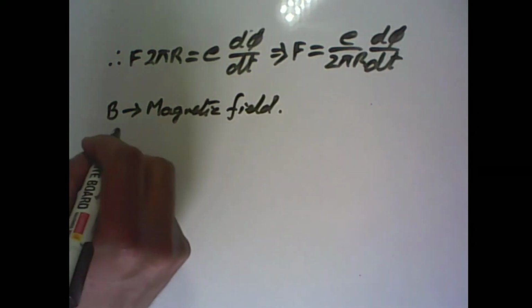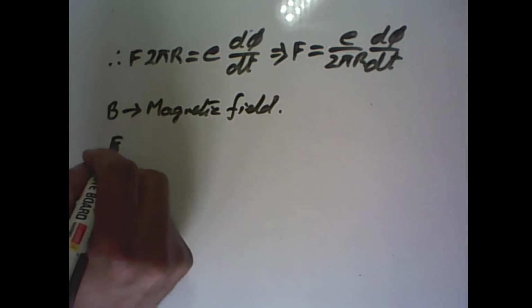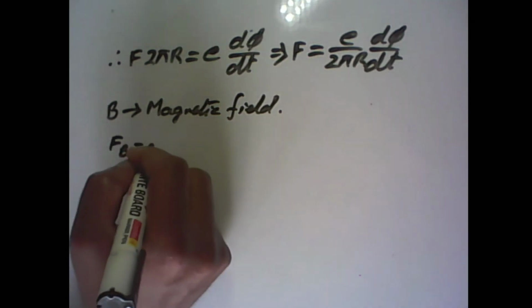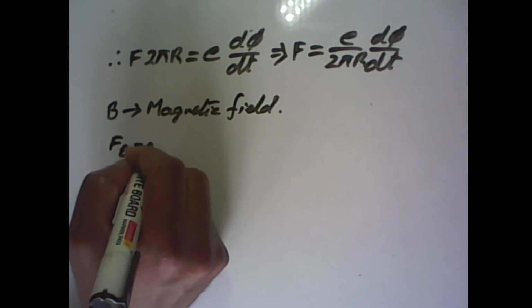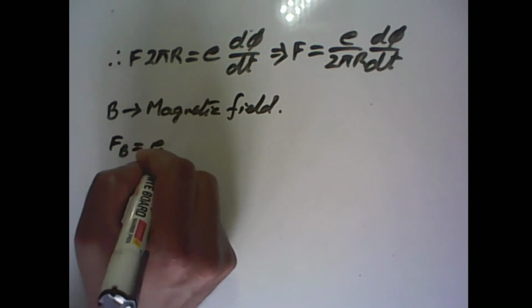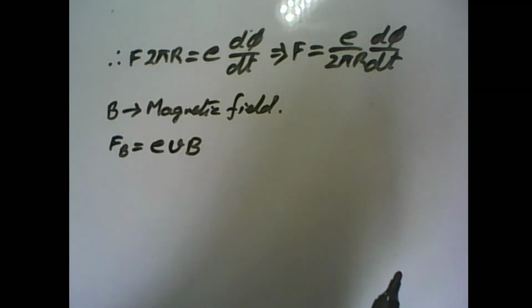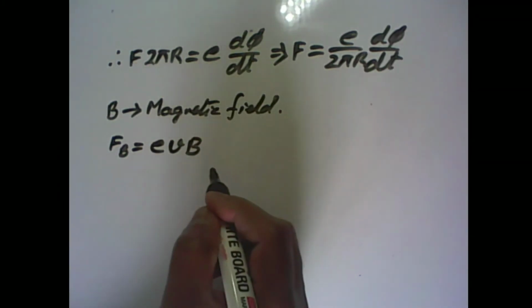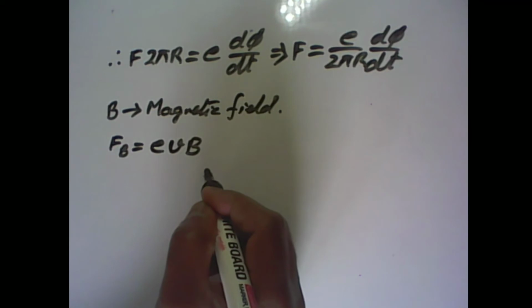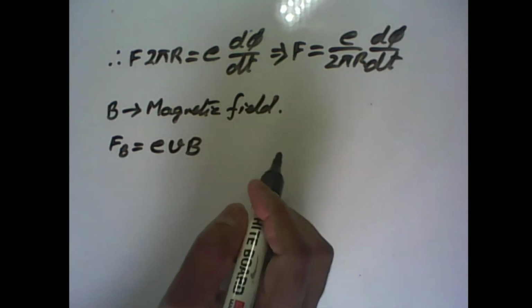So the force experienced by the electrons due to this magnetic field will be equal to q v cross B. Here q is equal to e, the charge of the electrons, so that is evB. This force is giving rise to the centripetal force, which keeps the electrons in their circular path.